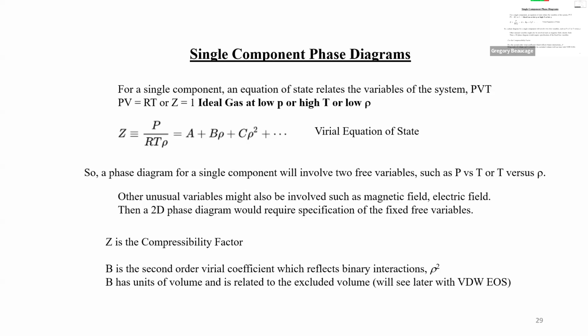So there's no excluded volume. That's number 1. Number 2, there's no interaction, no attraction between them. Those two features of ideal gas are a problem.